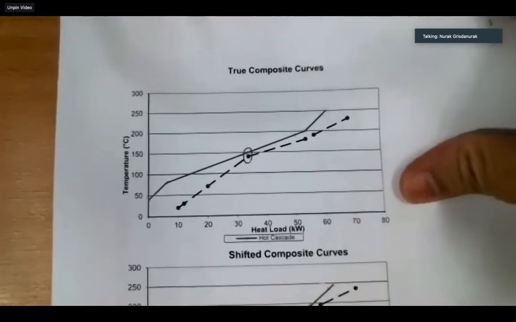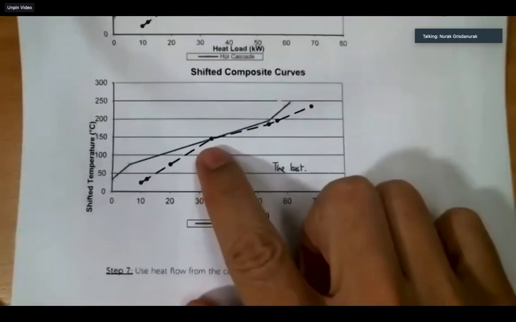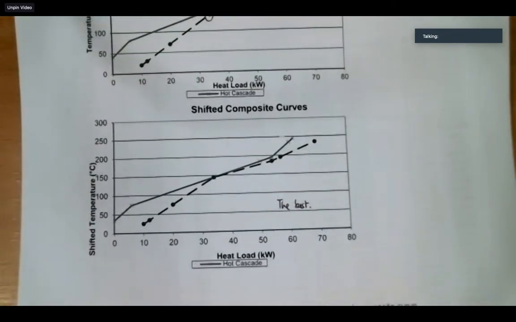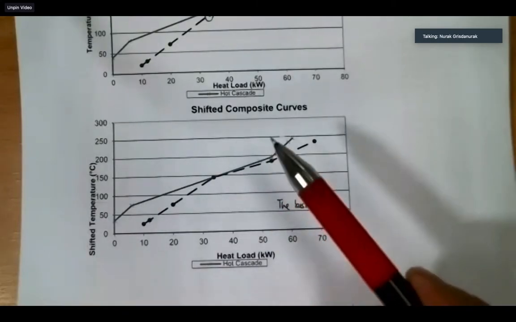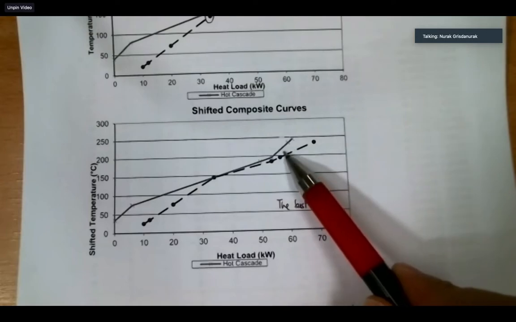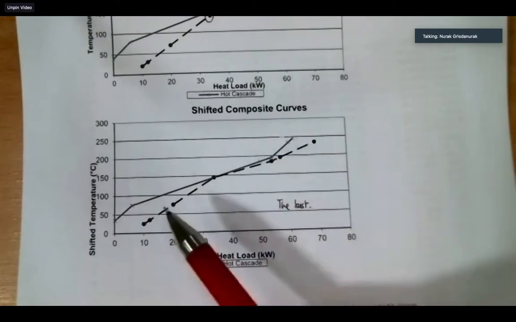When you get this kind of curve, it is the best, but it does not exist in the world. Based on thermodynamics, heat should flow from high temperature to low temperature.